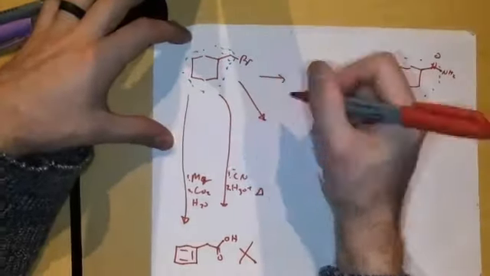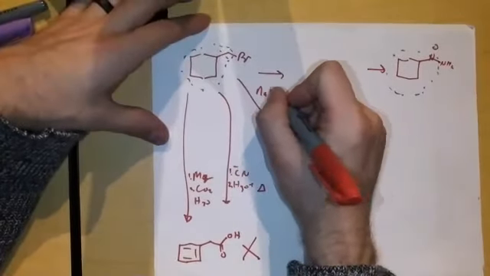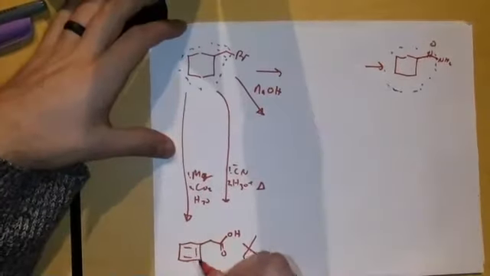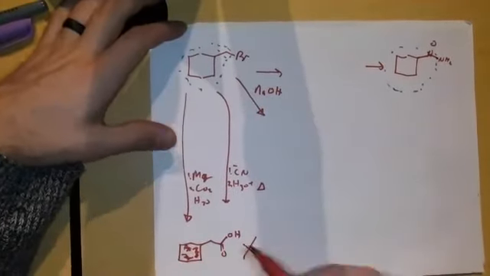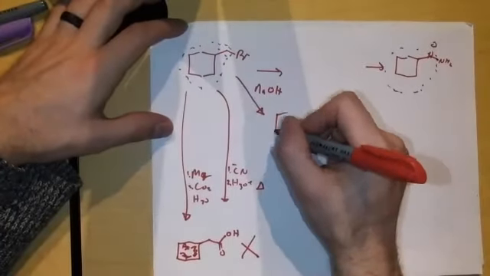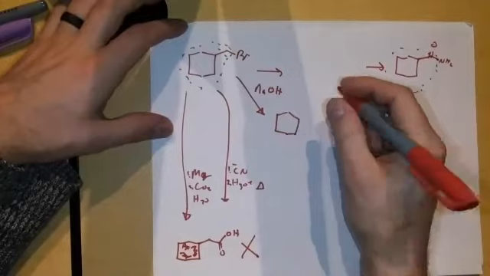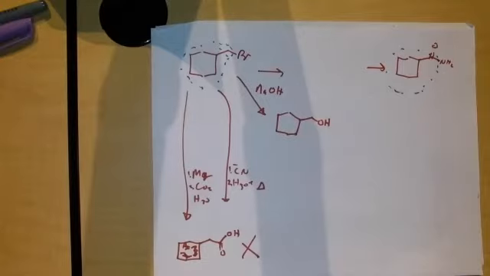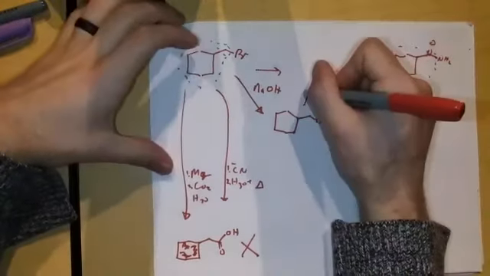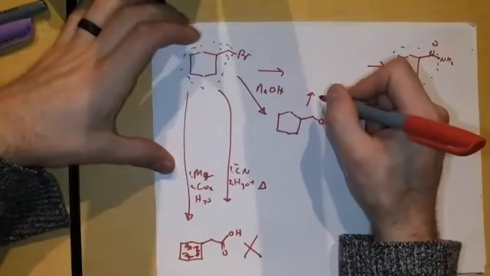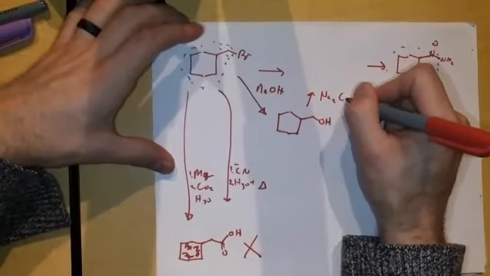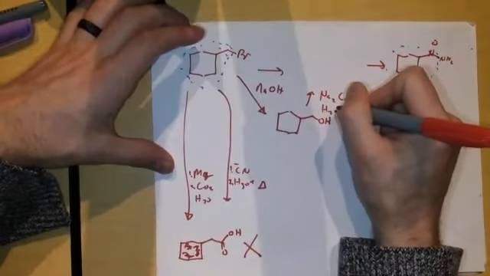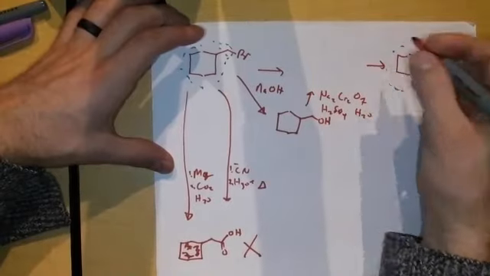Instead, throwing in NaOH gets us to an alcohol. Oh, I keep drawing these as aromatic. I have to stop doing that. It's just a reflex to put those in when I draw a cyclohexene now. We could oxidize this with chromic acid, Na2Cr2O7, H2SO4, water.